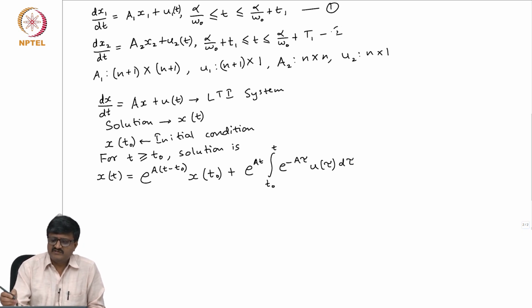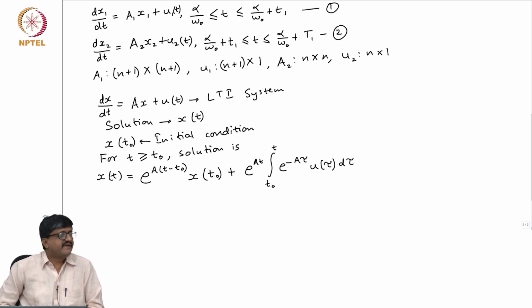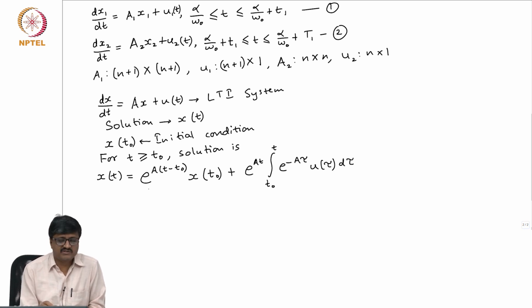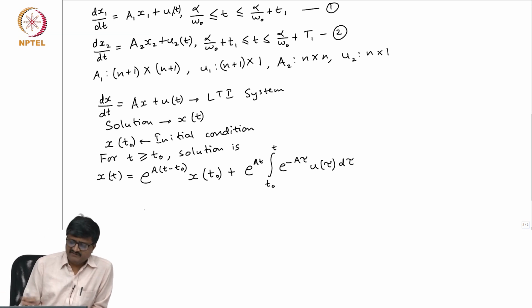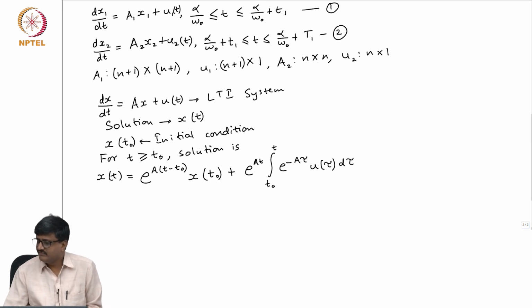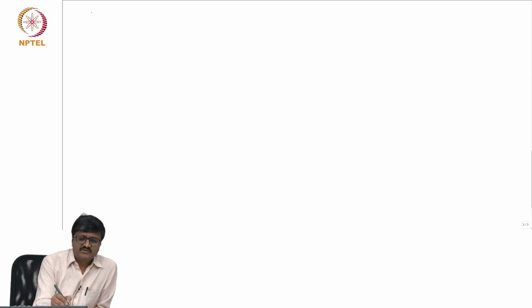Since I know the general solution of a linear time invariant system, and 1 and 2 are linear time invariant systems which are applicable for the two subintervals, if you look at the equation for which we have the solution, instead of x I have x1, instead of A, A1, instead of u, u1, that is all. So, I have the solution. The solution is x1 of t is equal to exponential A1.